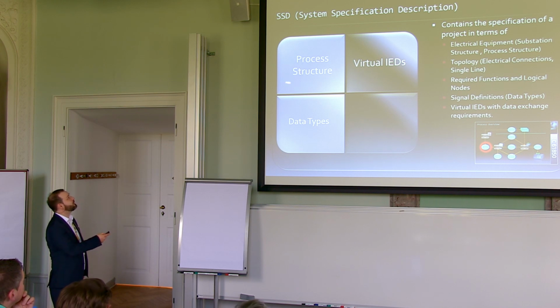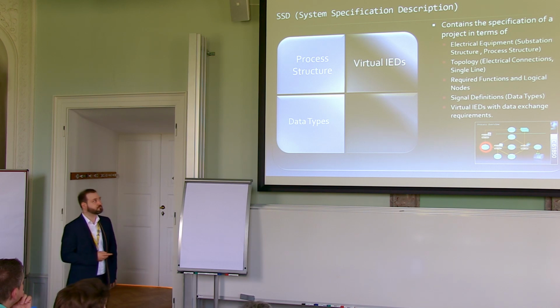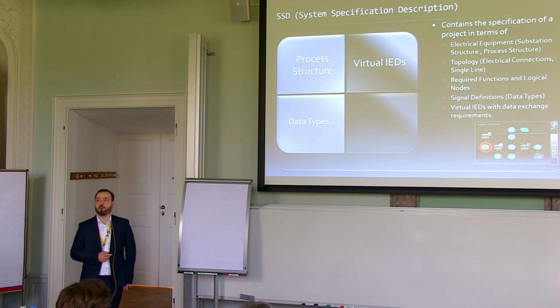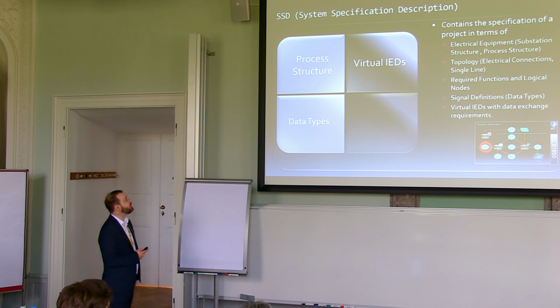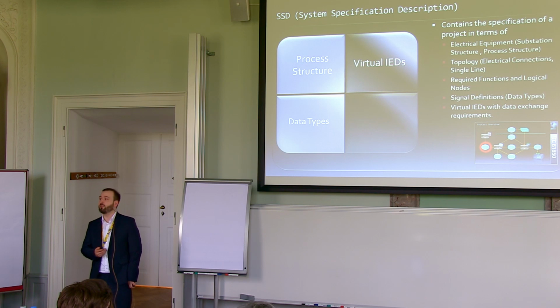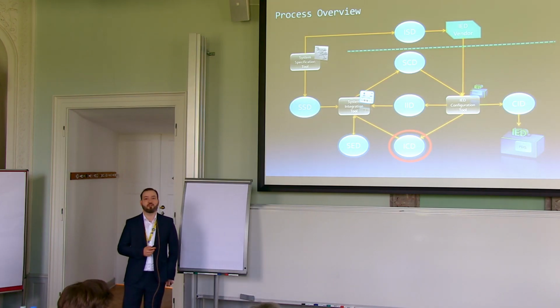So the meat of this file is in the substation section, and of course all the data types that are in use need to be filled in. The virtual IEDs may also contain some small part of communication configuration already, not in the sense that it is a real data exchange, but rather to document the requirements of the IEDs that will later be used to implement the substation.